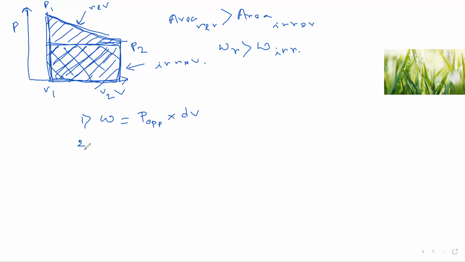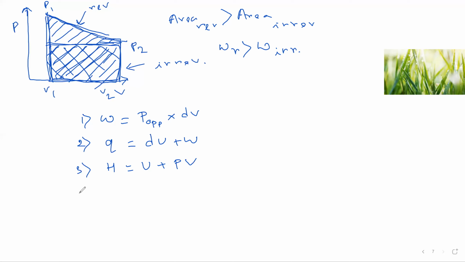This is formula number 1. And then obviously Q is equal to dU plus W. This is the first law of thermodynamics. And then H is equal to U plus PV. So H is the enthalpy, U is the internal energy, P is pressure, V is volume.